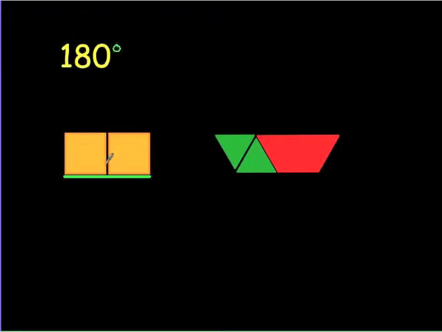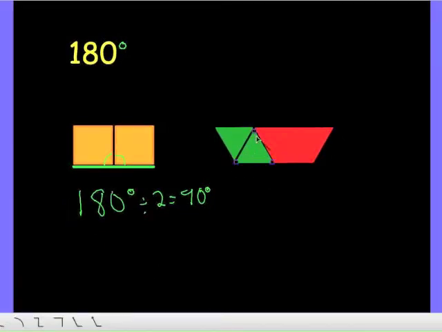So in this case, we have two angles that make up that 180 degrees. So we're going to take 180 divided by 2, which would equal 90 degrees. We can do the same thing on this problem, but this one, I'm changing it up just a little bit.